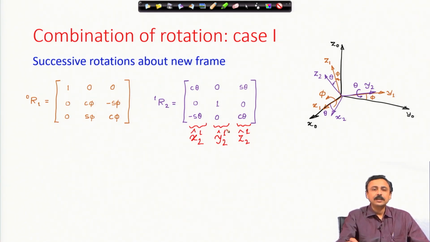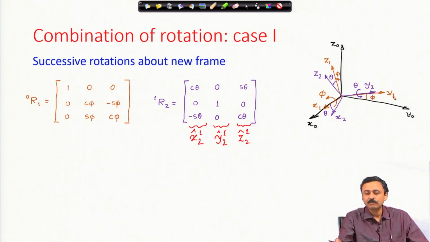And you will notice that these are the ones. For example, y2 in x1 y1 z1: y2 and y1 are the same, they are co-oriented, therefore it must be 0 1 0.